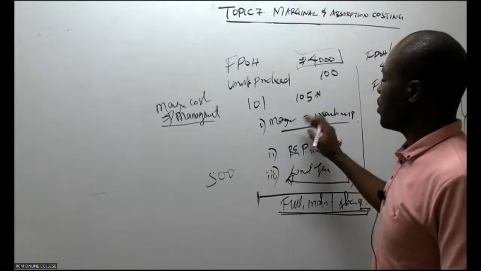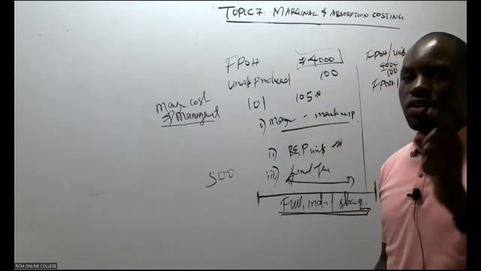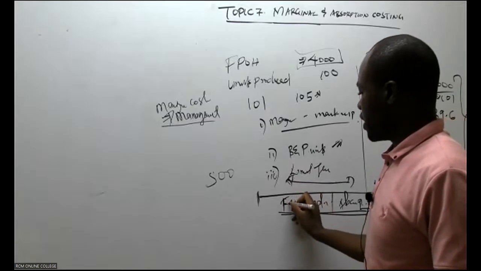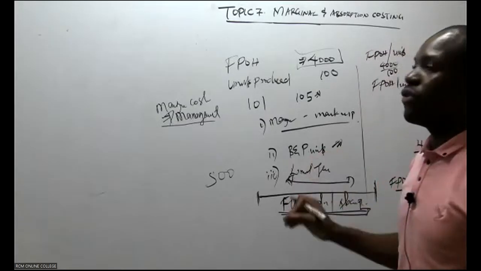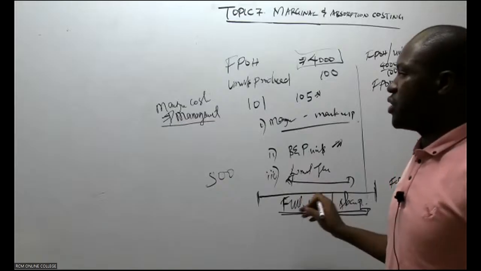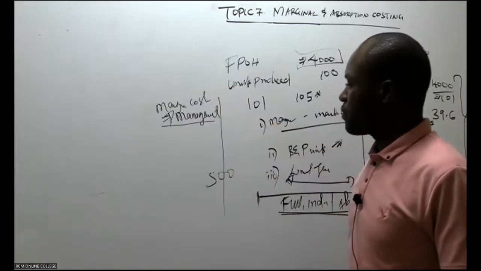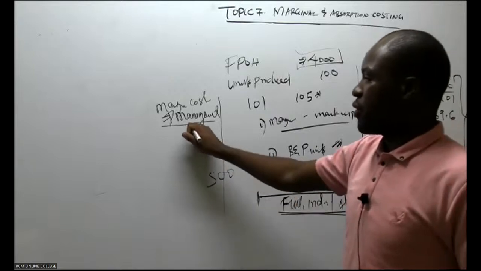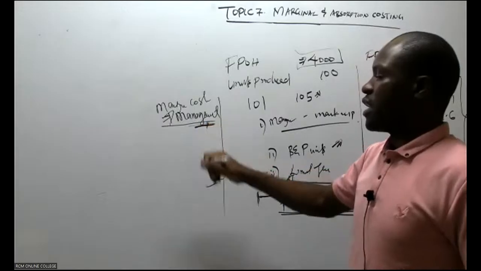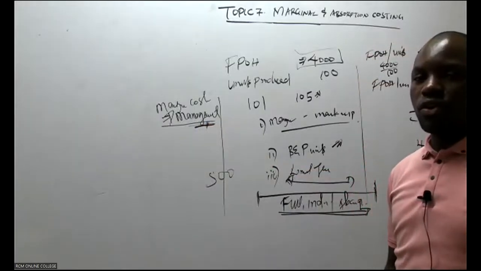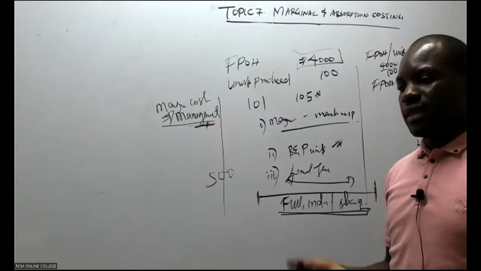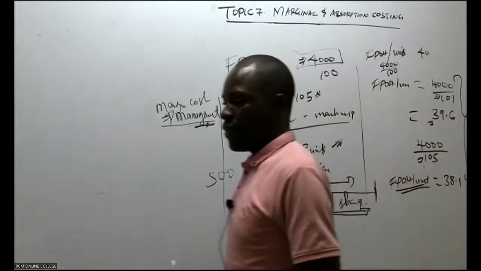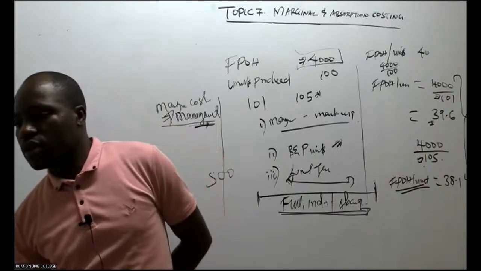If you're going to do valuation of inventory, the correct one normally used when publishing financial statements is the full costing method, not marginal. Marginal is basically used for internal consumption by the management of an organization. So that is what we have there as arguments for.